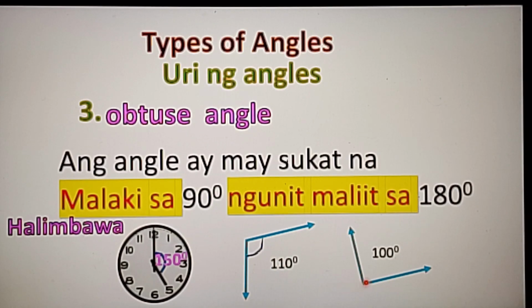Another example is the angle formed by two rays whose measure is 100 degrees. This 150 degrees, 110 degrees, 100 degrees angles are examples of obtuse angles.